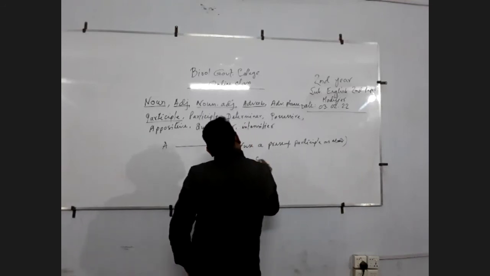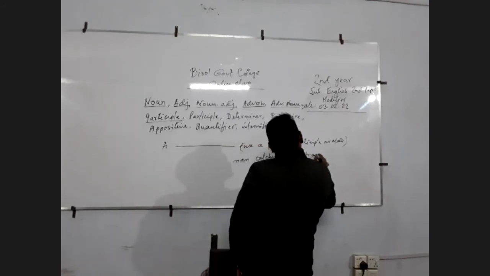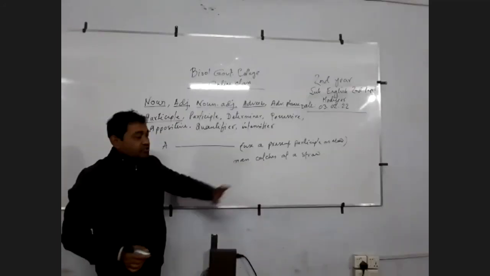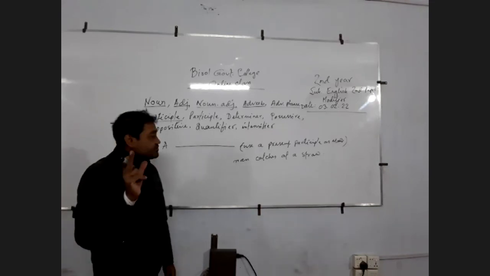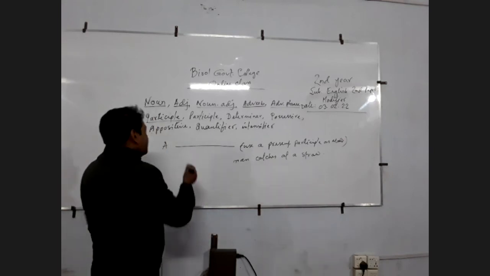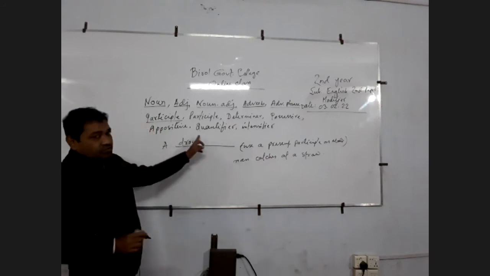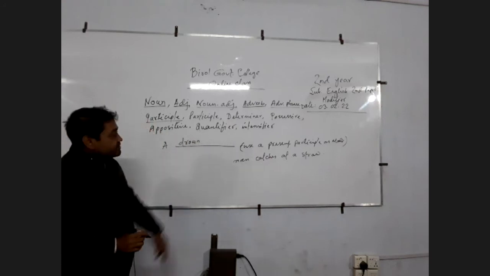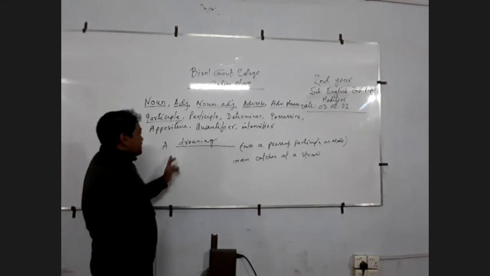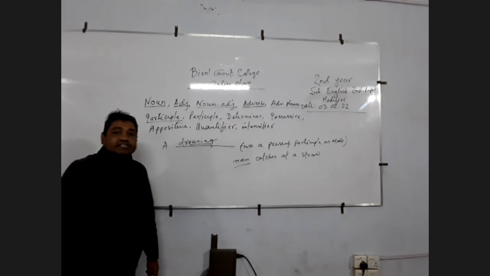Man catches at a straw. A dash man catches at a straw. That means you have to use a present participle. Present participle means verb plus ing. A drowning man. Drown is a verb, that means to go under water, and ing, drowning. A drowning man catches at a straw.